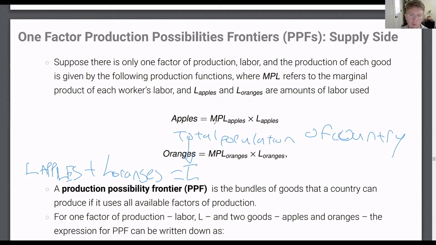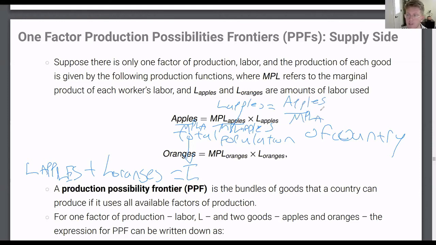Okay, but now what I'm going to do is divide this equation by the MPL of apples, or MPLA, on both sides. They cancel here. And notice that L apples is equivalent to the number of apples divided by the marginal product of labor.